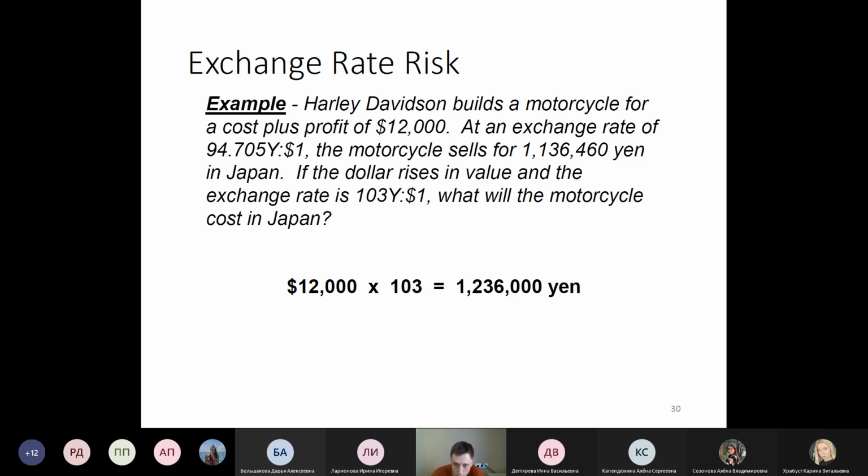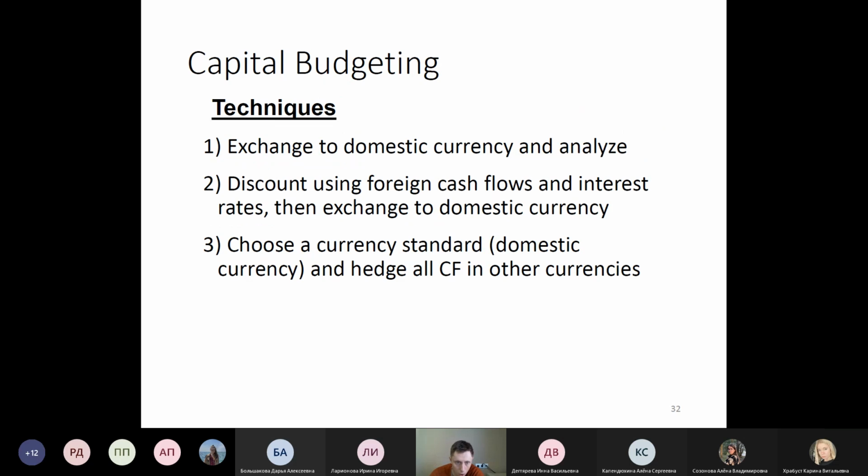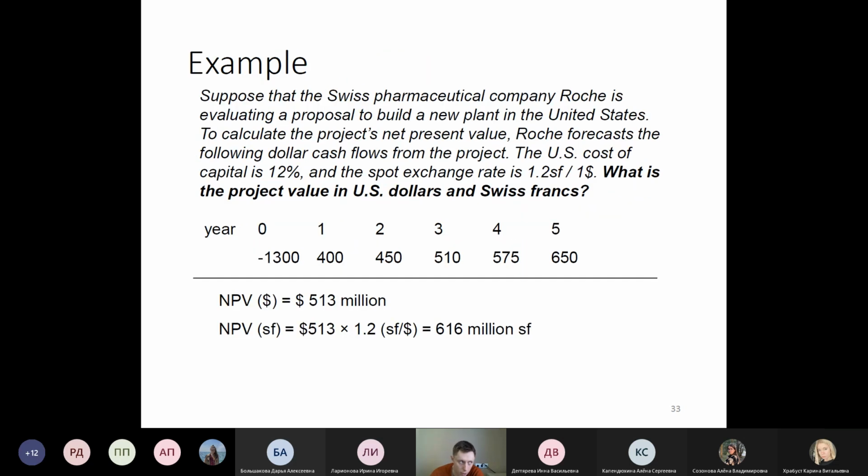Therefore, it will be more stable. So like the asset and liability sides of the balance sheet, it is also better to keep them in the same currency, like borrowing money in the same currency in which you have your profit.